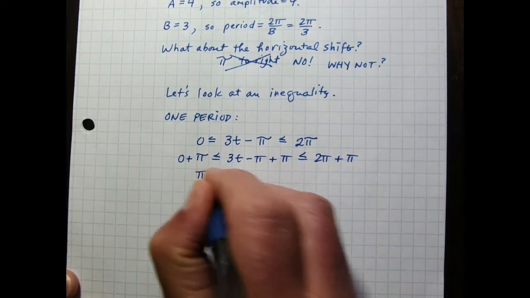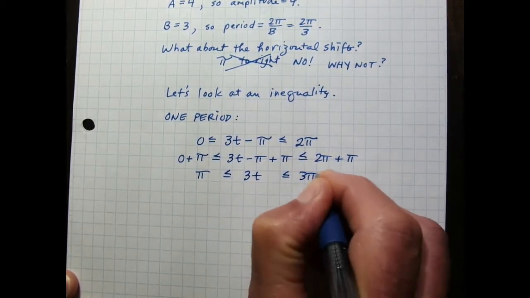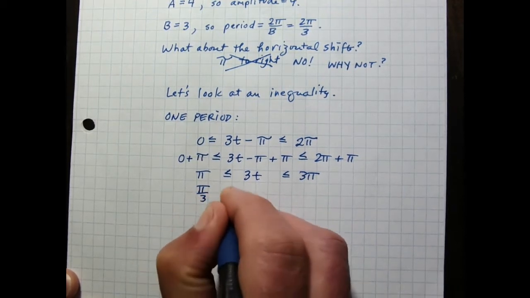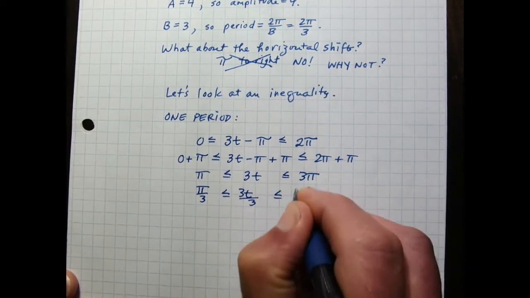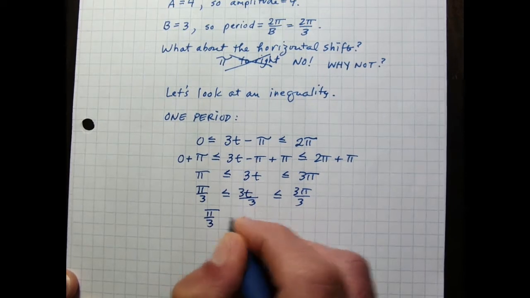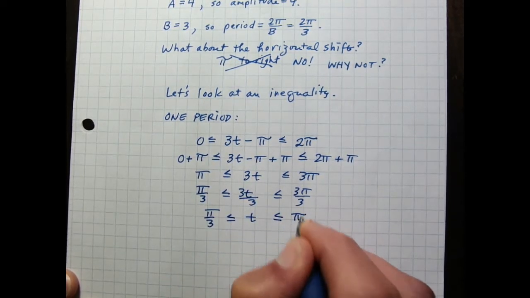I get pi is less than or equal to 3t is less than or equal to 3 pi. And then I'm going to divide by 3. So I get pi over 3 is less than or equal to t is less than or equal to pi.